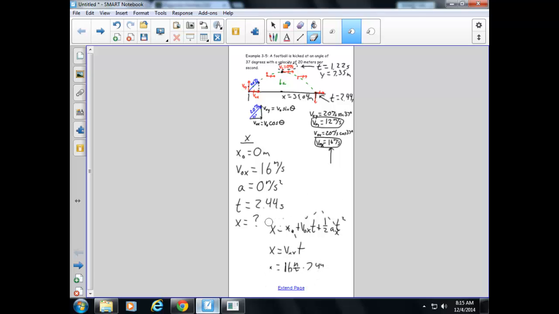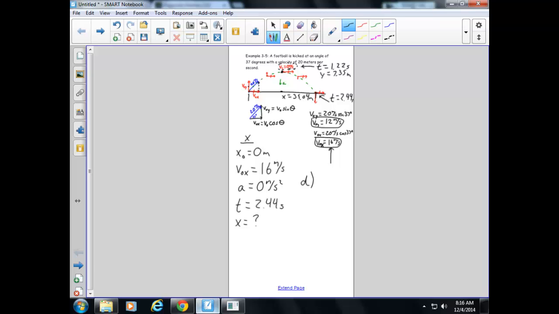There's a lot of steps to this problem, so let's see what the next step is. That was part C. Part D wants to know the velocity vector at the maximum height. This is kind of just a concept question. It just literally wants to know what is the amount of velocity at the maximum height? So we know at the maximum height, the velocity in the y direction stops happening.